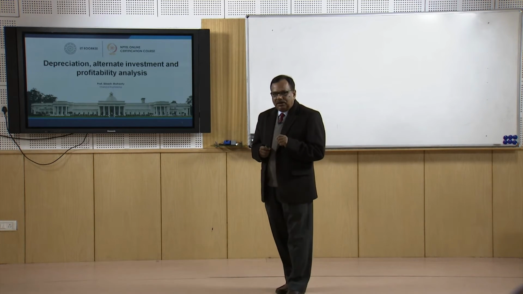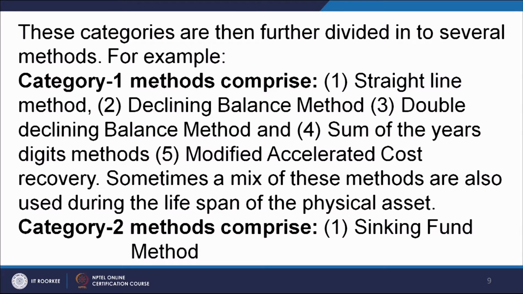For example, in category 1, the methods comprise the straight line method, the second is the declining balance method, the third is the double declining balance method, the fourth is the sum of the years digit method, and the fifth is the modified accelerated cost recovery method.